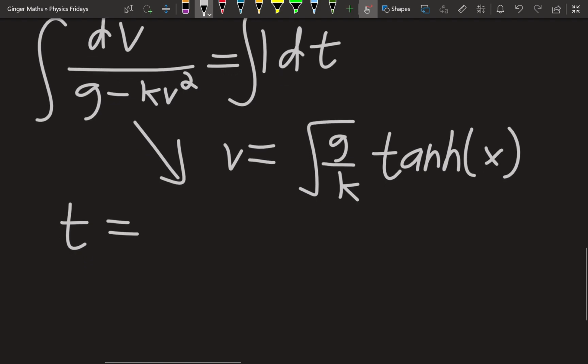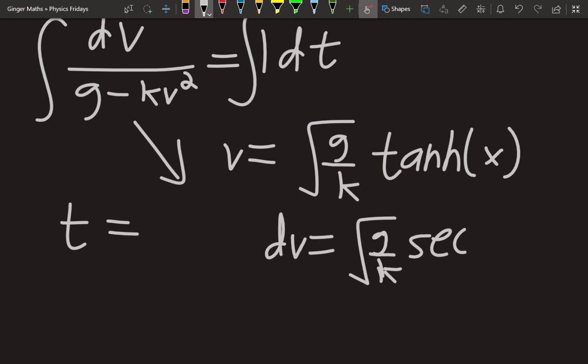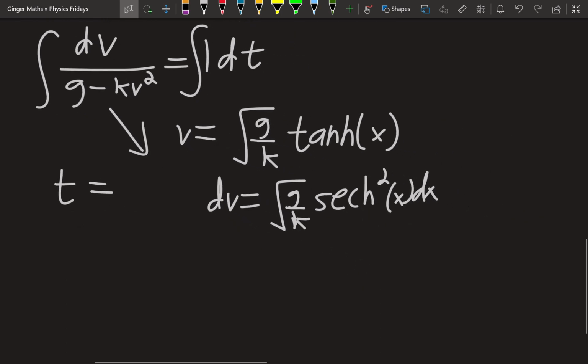Okay, so we have dv then is equal to the square root of g over k times hyperbolic secant squared of x dx, which is actually quite convenient. That is kind of the whole reason we did this u sub, or v sub x, whatever you want to call it.